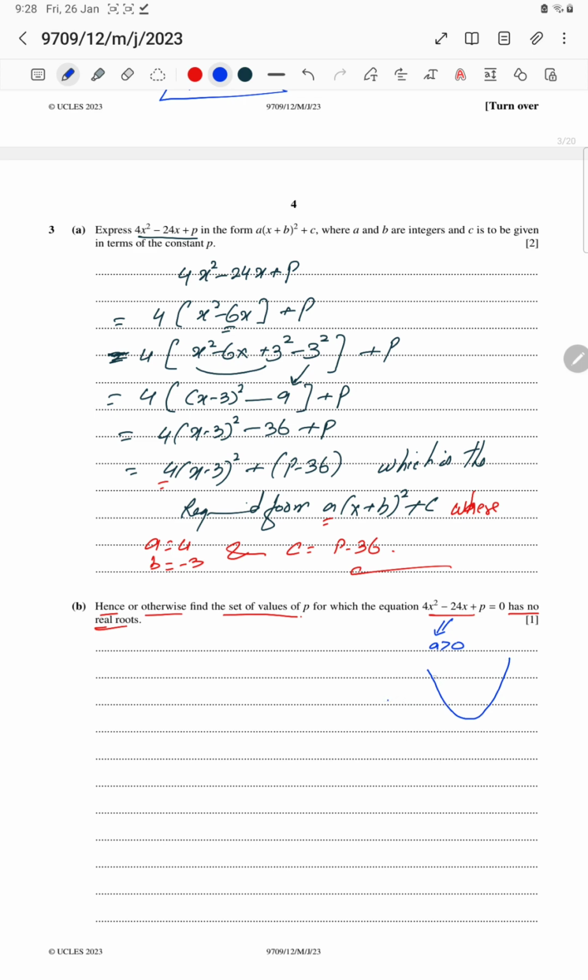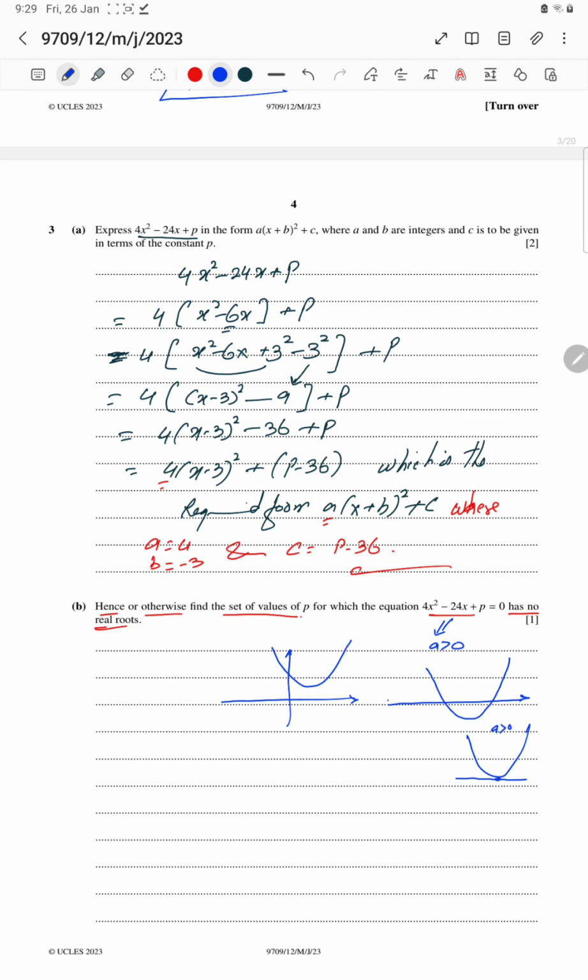If it has two solutions like this, that is the real root case, and one case is with a tangent line. But as it has no real root, it means the curve should exist above the x-axis, right? It should be above the x-axis. And we have to find the set of values of p for which the equation has no real roots.